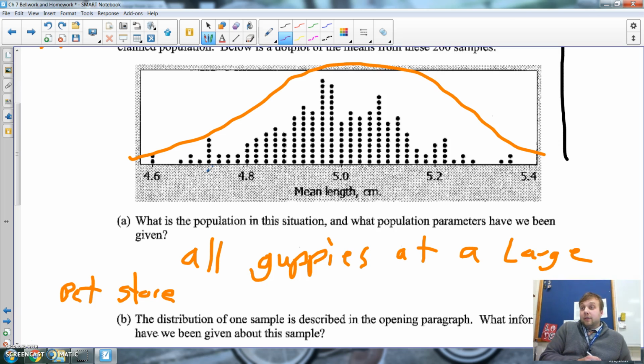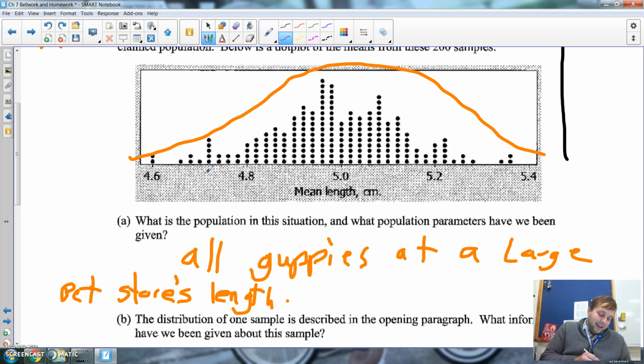All guppies length. How do I put that? All guppies at a large pet store's length. Period. Okay? And what have we been given?